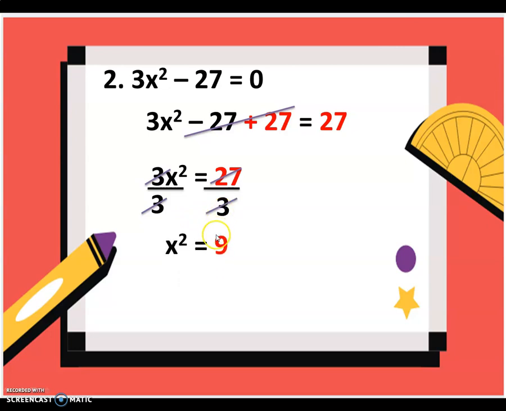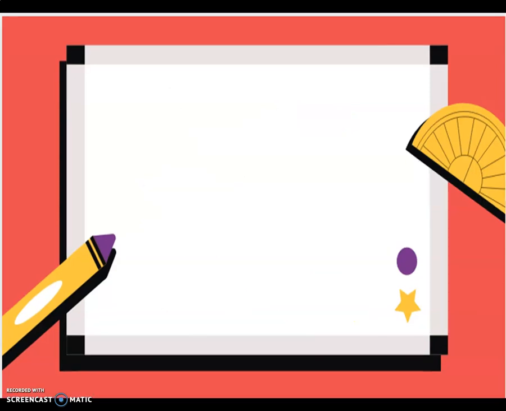So, the equation will be x squared is equal to 9. And since ang 9 po is a perfect square, x is equal to the square root of 9. So, the roots of the equation is x is equal to positive and negative 3. Yun po ang roots of the equation.